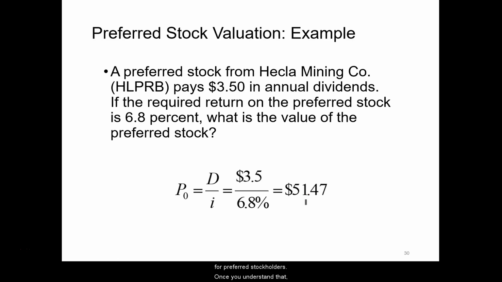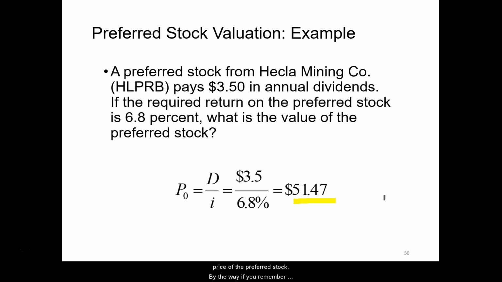For example, if this company pays $3.50 as annual preferred dividend, and the required rate of return on the preferred stock is 6.8%, all we need to do is 3.5 divided by 6.8%, and the result is $51.47 as the price of the preferred stock.